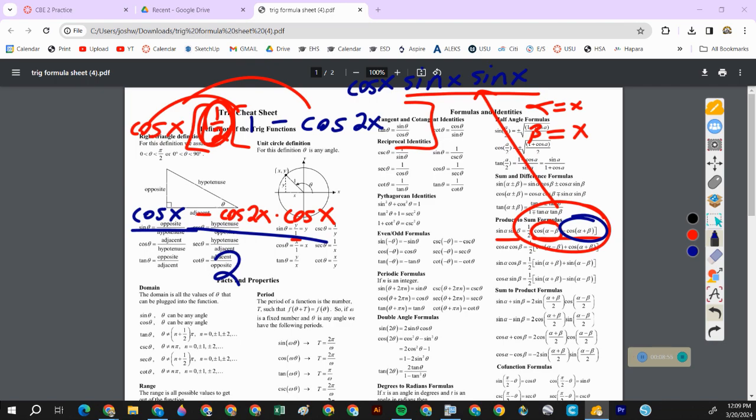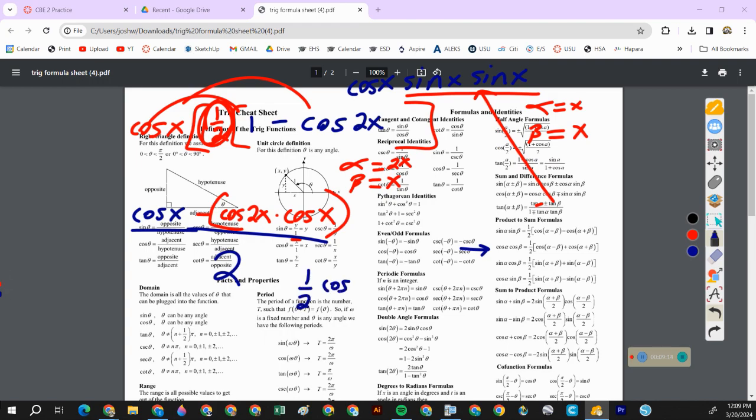So this here, where alpha is 2x and beta is x, now we're going to use this formula. So that is 1/2 the cosine of 2x minus x is x, plus the cosine of 2x plus x, which is the cosine of 3x.